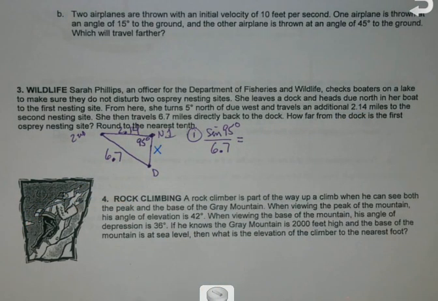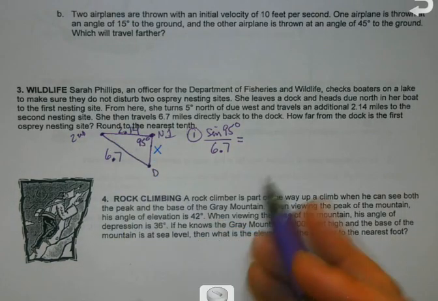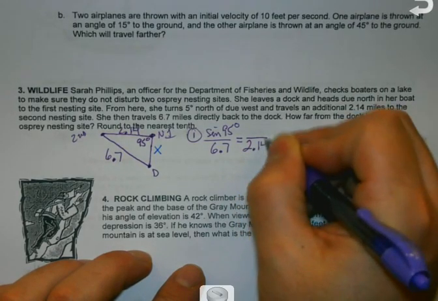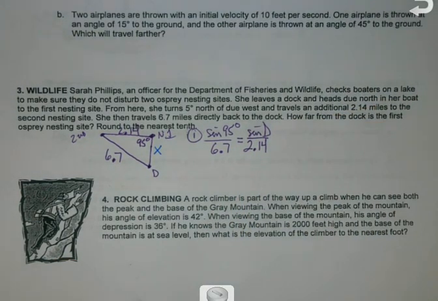And now I go through and I'm like, okay, gosh, what else can I do with this? Well, since I can't get directly to what I'm looking for, because I don't know this angle yet, I do have this bit of information though. So I can find that angle. This is going to take me more than one step.